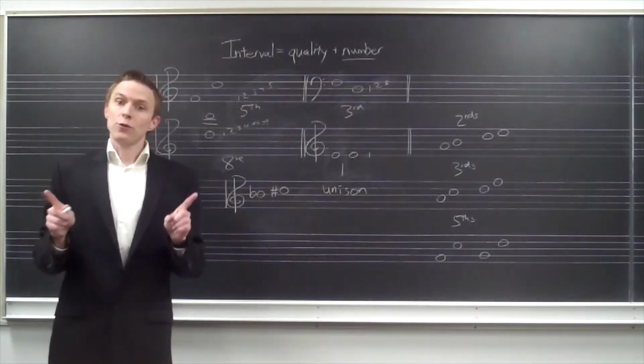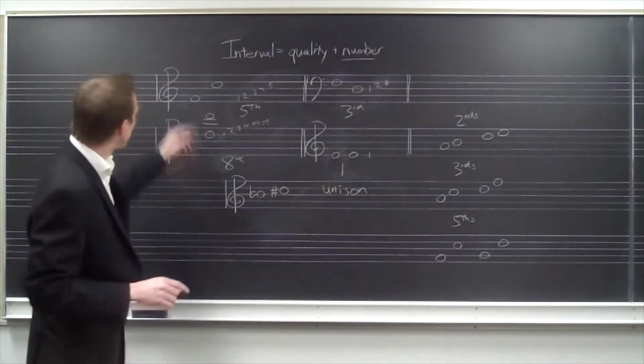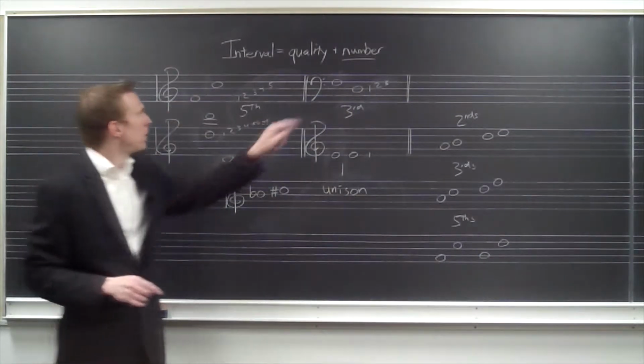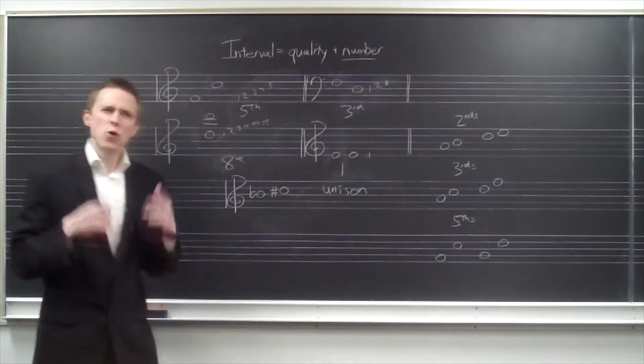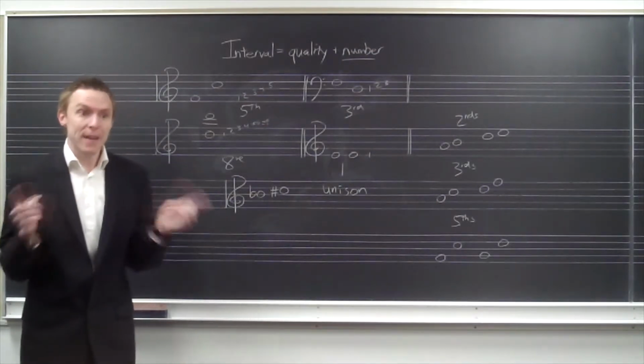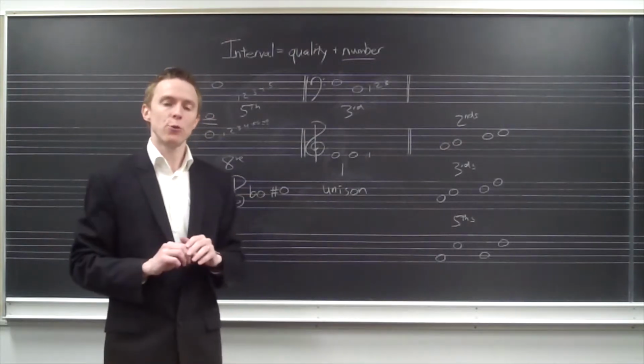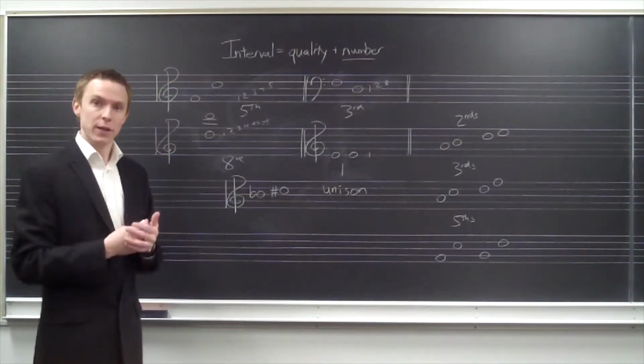Now you may have noticed that so far we've been dealing only with natural notes. That is a regular F to a regular C, a regular F to a regular D, and so on. No fancy things like sharps or flats. But here's the deal. Accidentals, sharps, flats, and so on, have no effect whatsoever on the number of an interval.